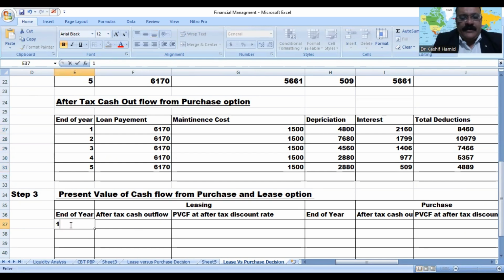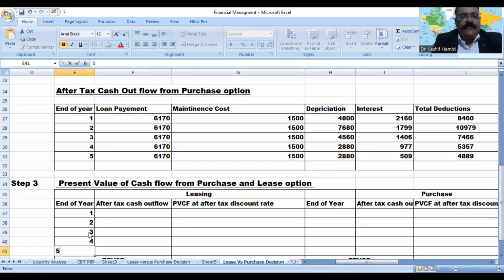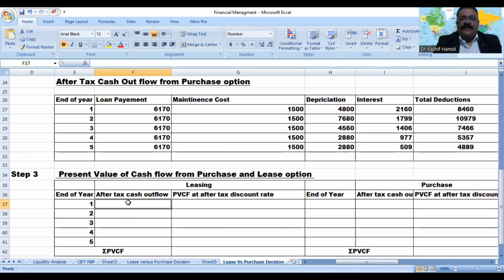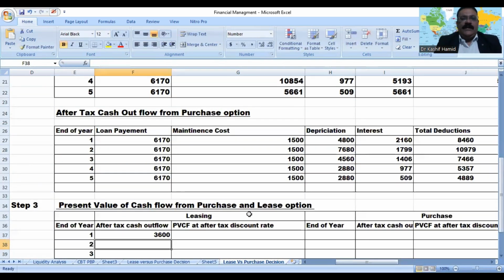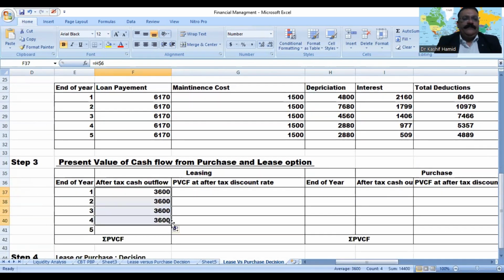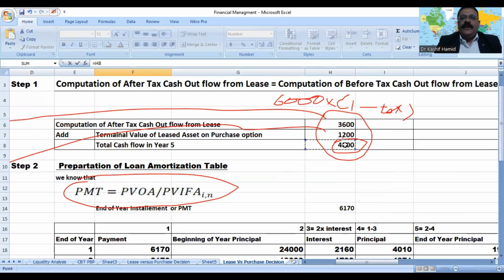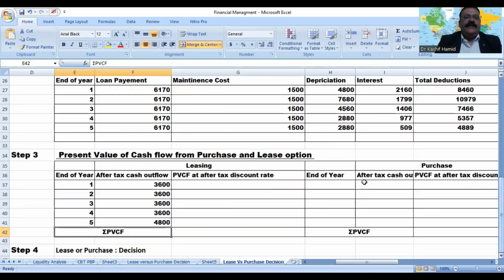So for 1, 2, 3, 4, and 5 years, after tax cash outflow is, for the first 4 years, 3,600, and the terminal cash flow includes 3,600 plus other ones, and the last one is equal to 4,800. That includes the terminal cash flow.